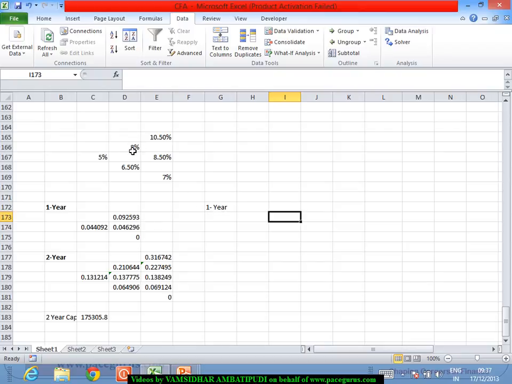When I am talking of 7% as the strike rate, so this will go expired. Whereas in this case, I will get a benefit of 7% minus 6.5% multiplied by 10, everything else remaining the same, and multiplied by 1 and then dividing the same by 1 plus 6.5%.